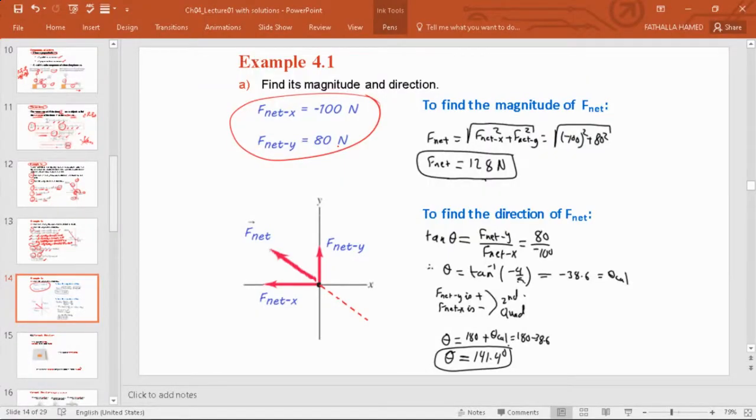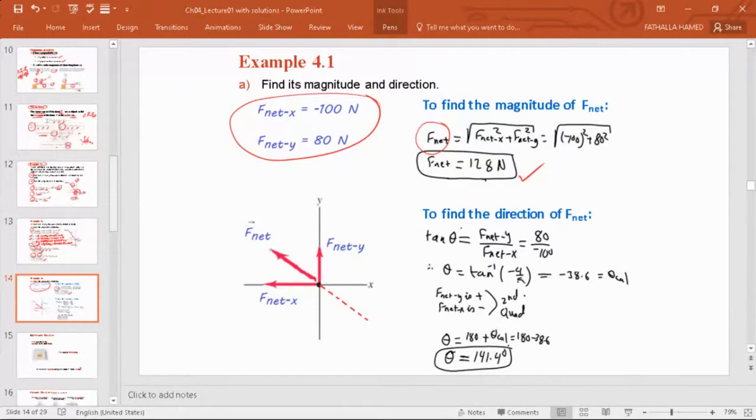If you want to find your magnitude, we already said that the magnitude should equal the positive square root of the x component of the net force squared plus the y component of the net force squared, which is minus 100 squared plus 80 squared, and that will give you 128 newtons. So you got the magnitude of your force.